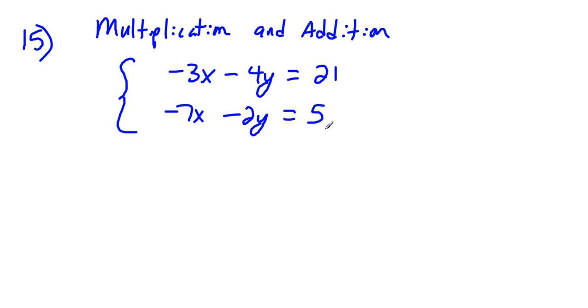Okay, so let's go with negative 3x minus 4y equals 21 for equation 1, and for equation 2, let's go with negative 7x minus 2y equals 5.